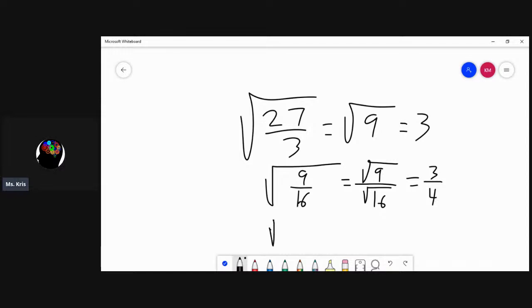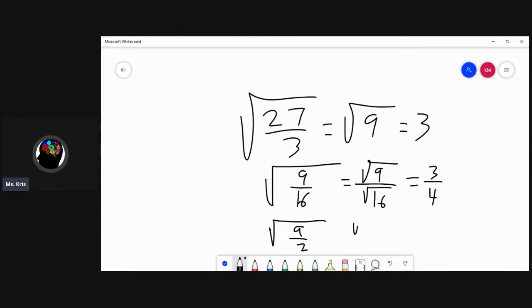Now, the square root of, say for instance, one or both of the numbers you have cannot be evenly distributed as a radical in the denominator. So say for instance, you have the square root of 9 over 2.